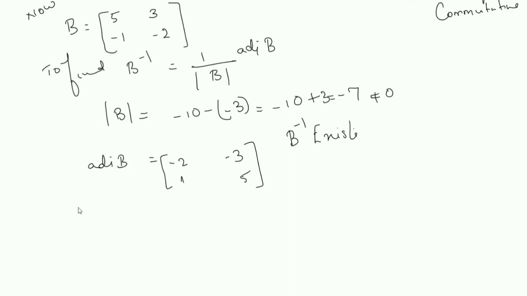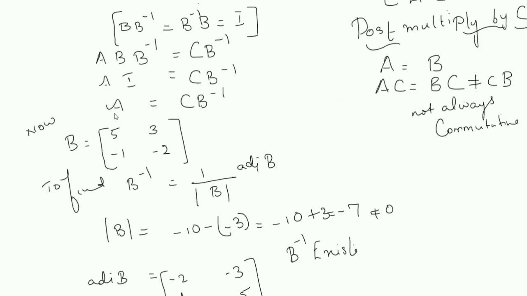So we got the adjoint of B. Now we have to find B inverse. B inverse is minus 1 by 7, because the determinant of B is minus 7, into the adjoint of B, which is [minus 2, minus 3; 1, 5].